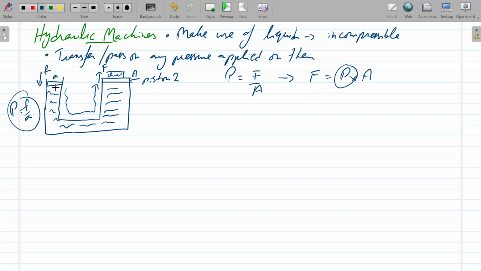Yes. So you substitute that. The pressure is the same in the system. The pressure is not changing. So how much force will you experience at piston number two?